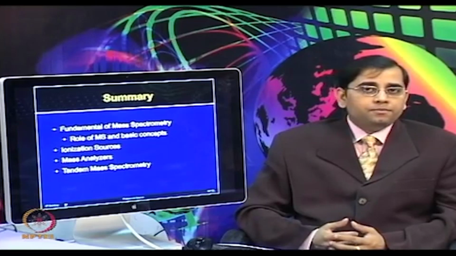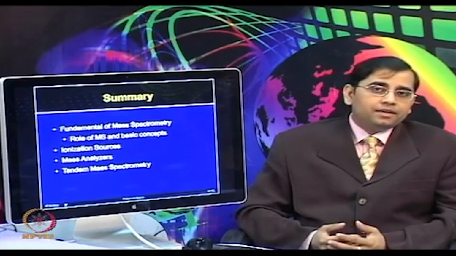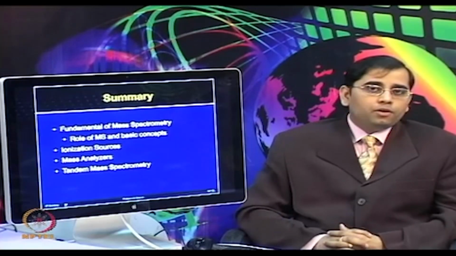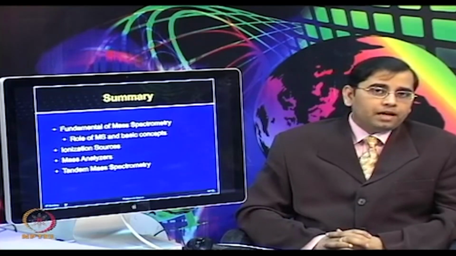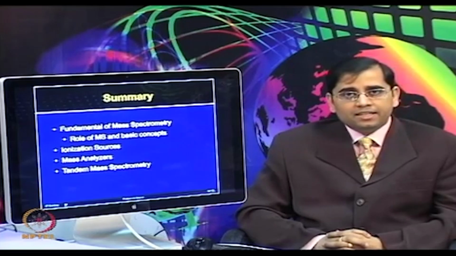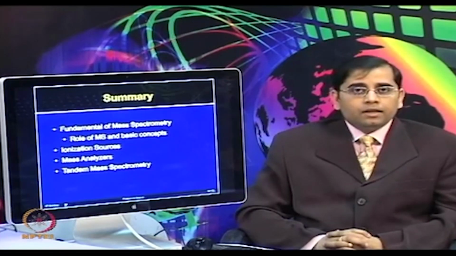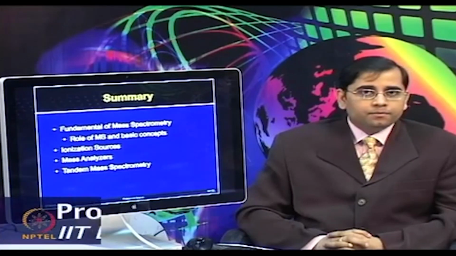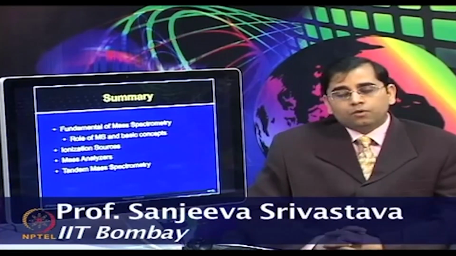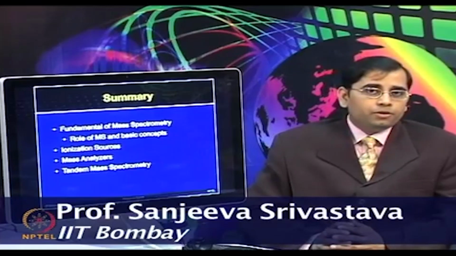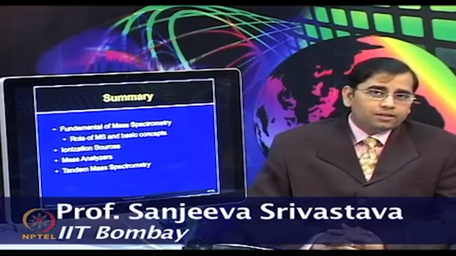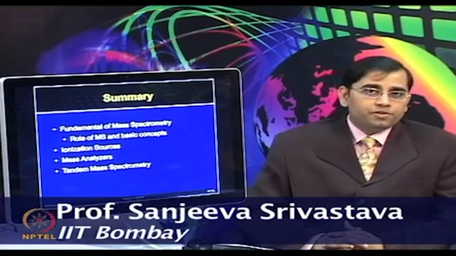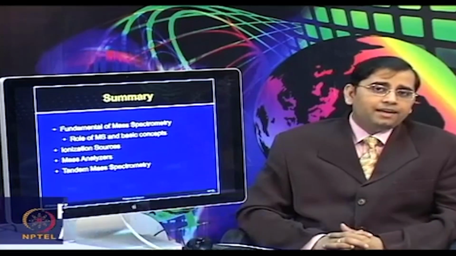From today's lecture, I hope you are able to understand some of the fundamental concepts involved in mass spectrometry. Very briefly, we touched upon ionization sources and mass analyzers, and then we talked about tandem MS configurations. In the subsequent lectures, we will talk in more detail about some of these ionization sources, mass analyzers and different types of mass spectrometry configurations and their applications.